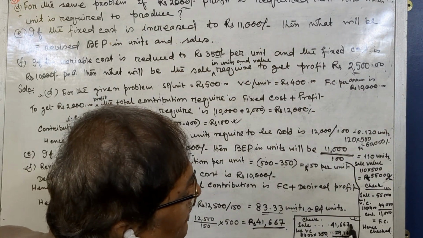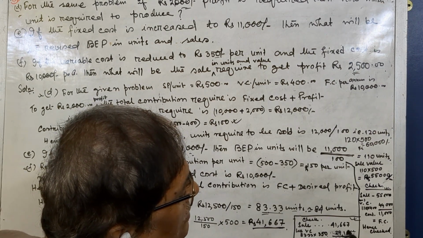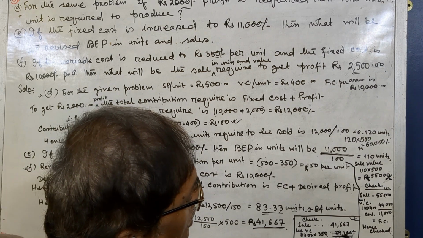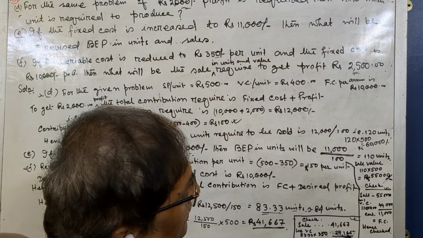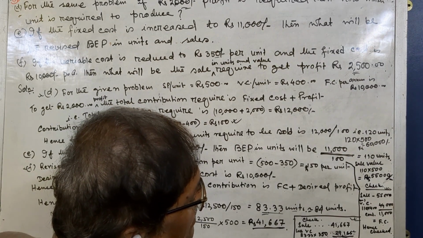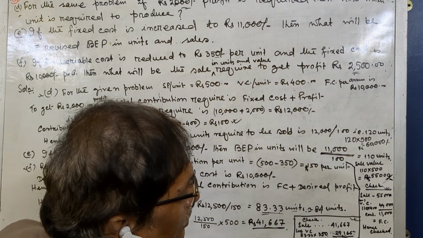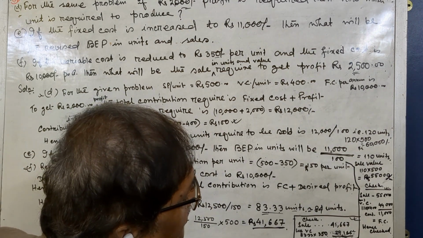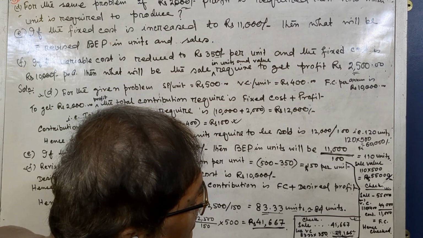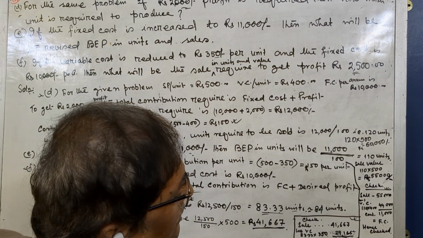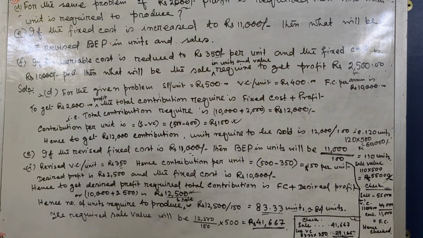After selling, this much revenue is coming into your organization, and this amount is going out with the product, because variable cost is attached with the product, you will never get it back. What is the surplus? This minus this is this. This is the contribution, and you are getting this amount in your contribution box. And from that you are paying the fixed cost 10,000, and the remaining amount is 2,500. This is what you desired, and it is checked, it is proved.